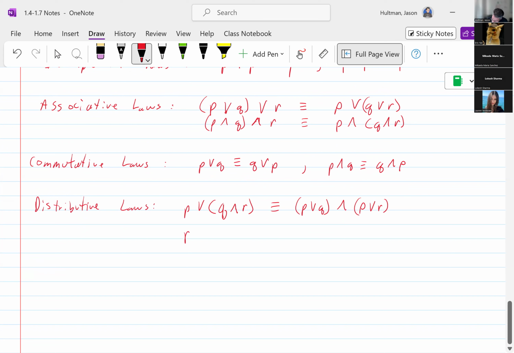At the same time, P and (Q or R) is logically equivalent to (P and Q) or (P and R).